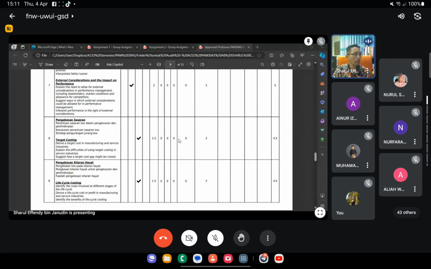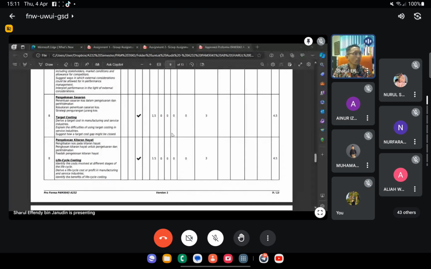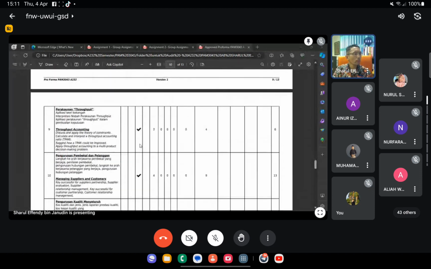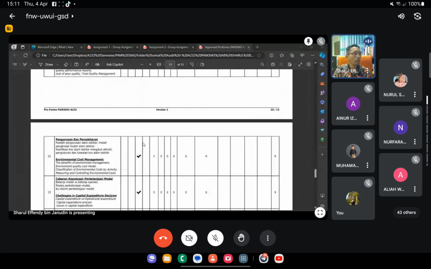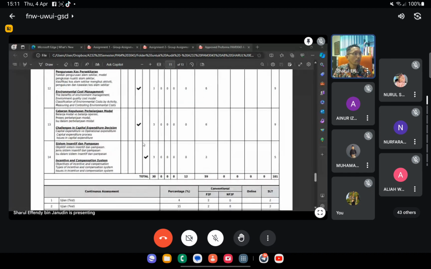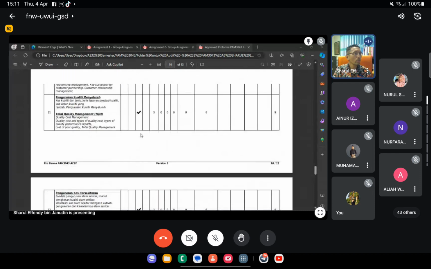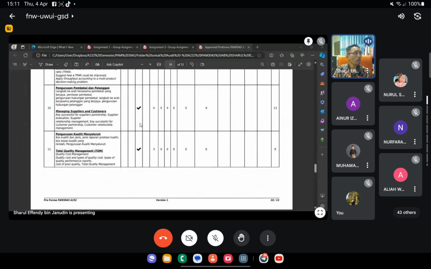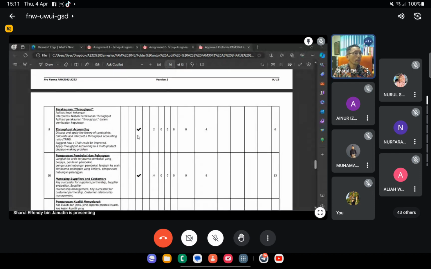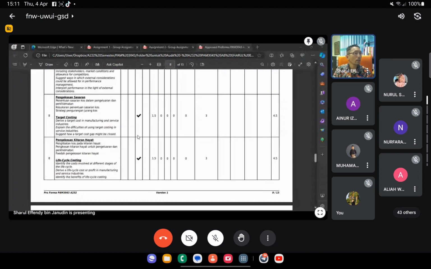If you look at this Proforma, for CLO3 there are 1, 2, 3, 4, 5, 6, 7.